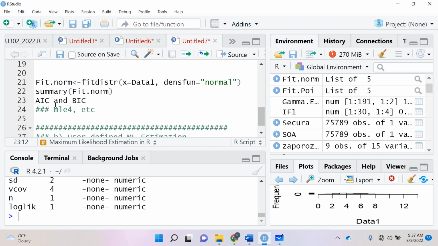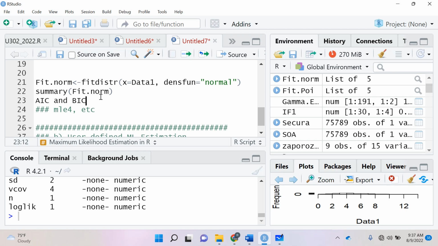It's like minus 2 times the log likelihood, and then you add 2 times the number of parameters, and so forth. So the Akaike information criterion will be 2k minus 2 times the log likelihood.